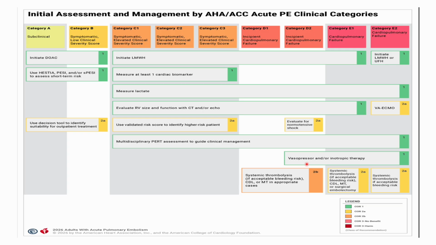Some patients from category D1 onwards may require systemic thrombolysis, and there are indications for it if acceptable bleeding risk. For patients who are in cardiopulmonary failure, we might need systemic thrombolysis or surgical embolectomy, and that has to be taken care of with the bleeding risk. And patients who are in occult cardiopulmonary failure, they may need ECMO.